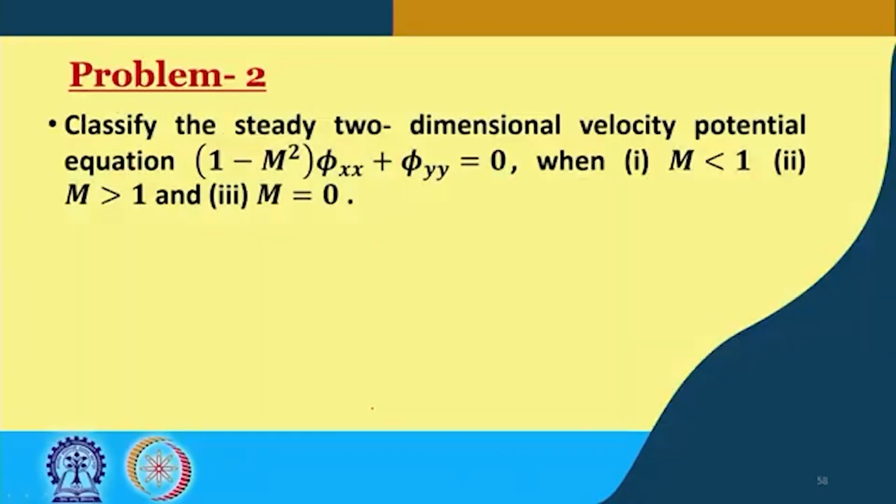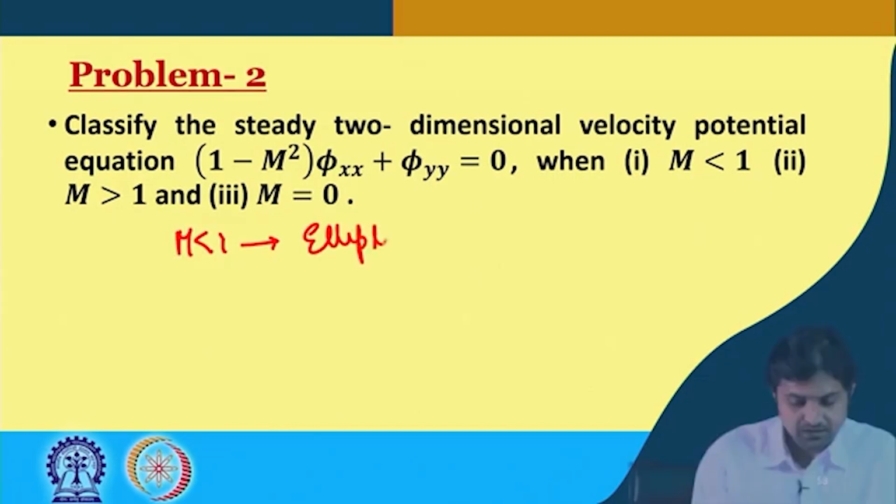All right. So I'll just write the solution here. So when m is less than 1, it was an elliptical PDE.